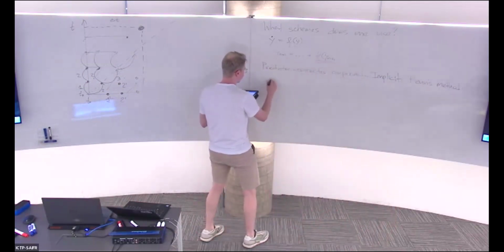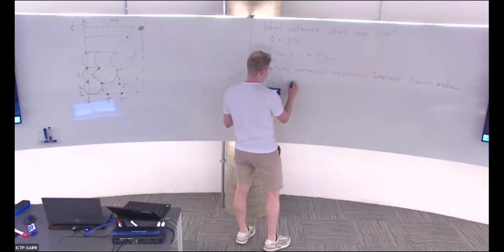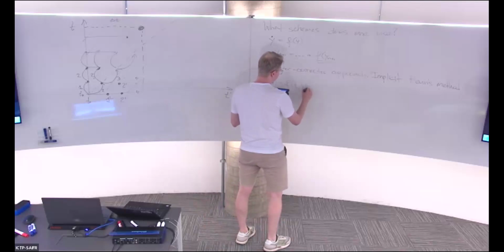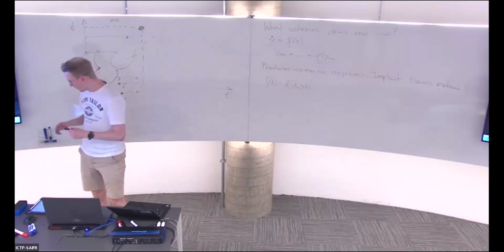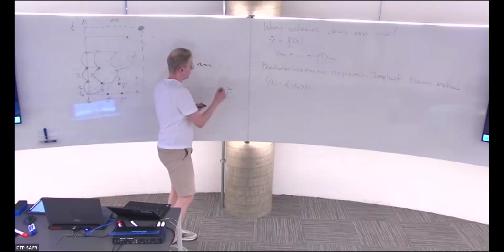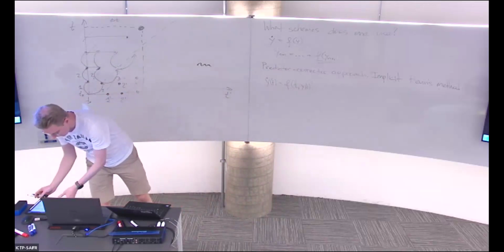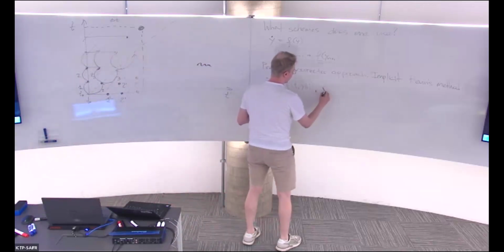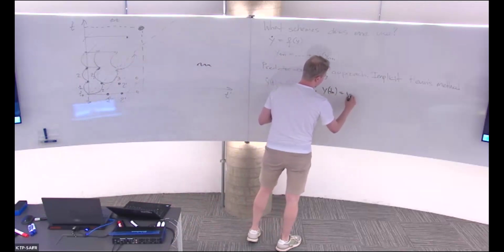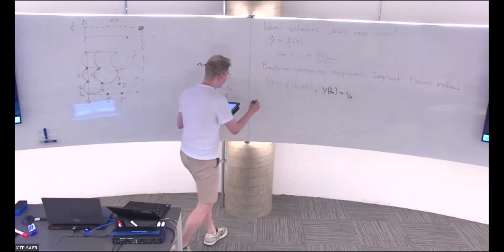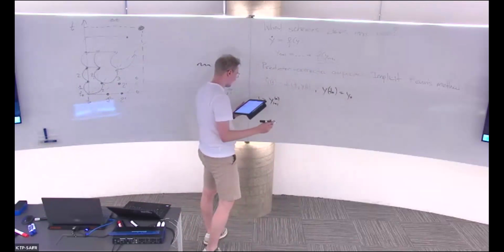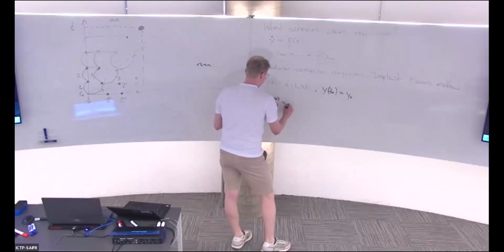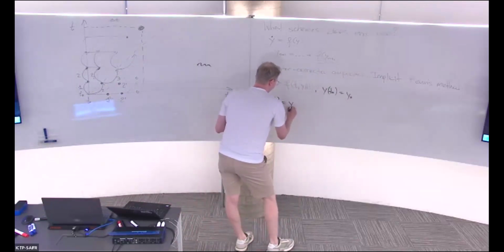Which is basically, so you have this equation, y' = F(t, y(t)), and here you have the initial condition y(t_0) = y_0. And what you do is you propagate first using a simple forward Euler method.